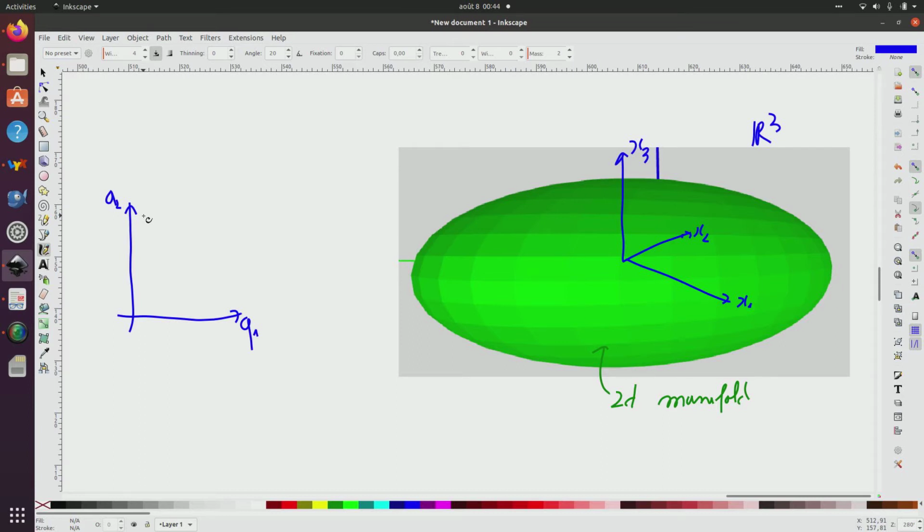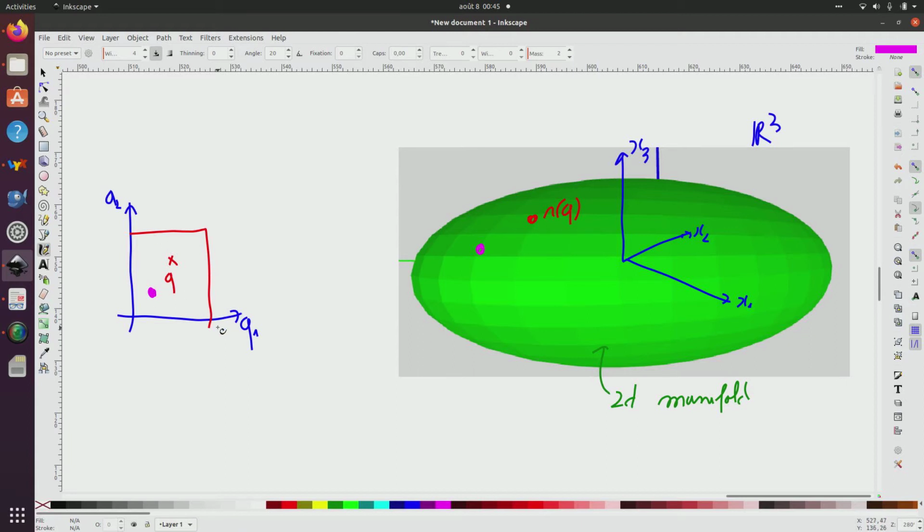If I take a box like this, so that I have angles to parameterize this ellipsoid, then to each point q, I associate r of q. So if I take a point on this manifold, I have someone here.